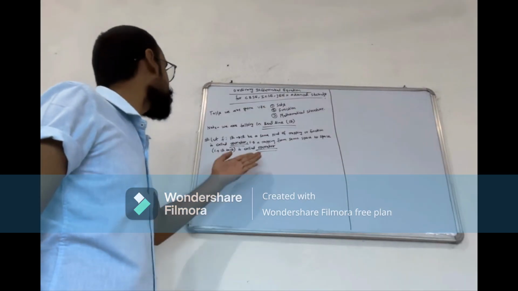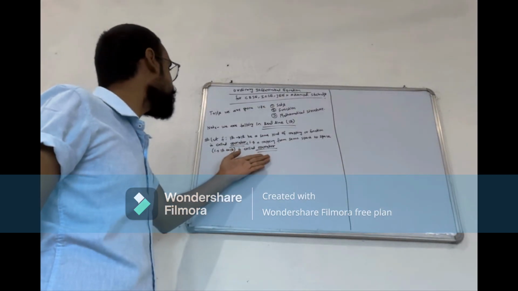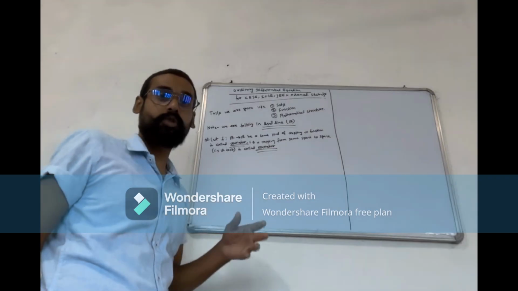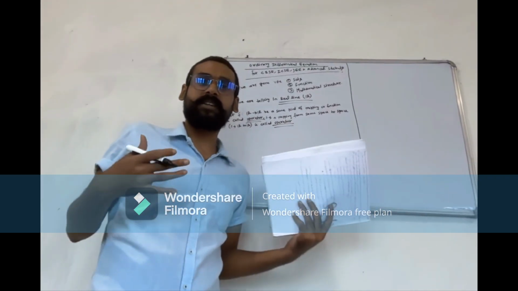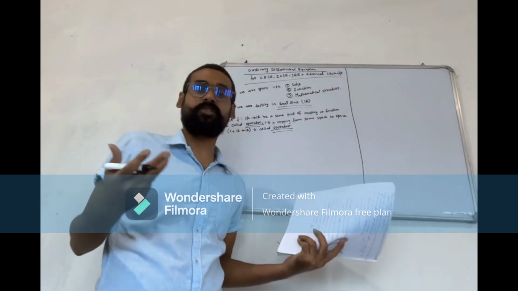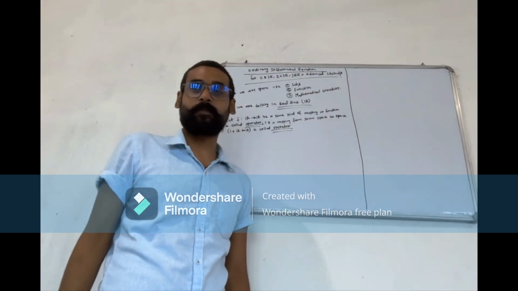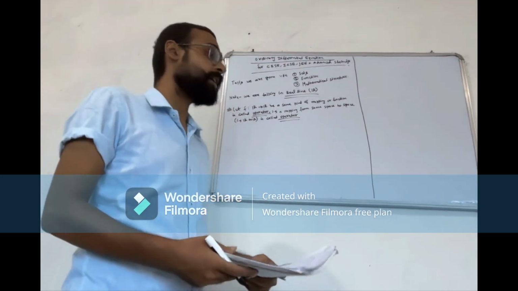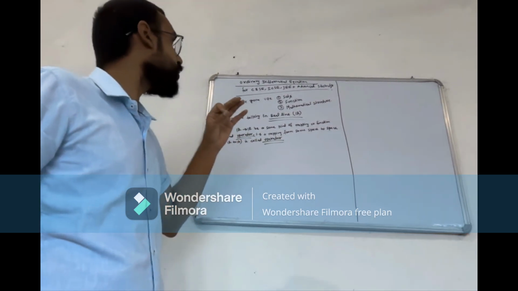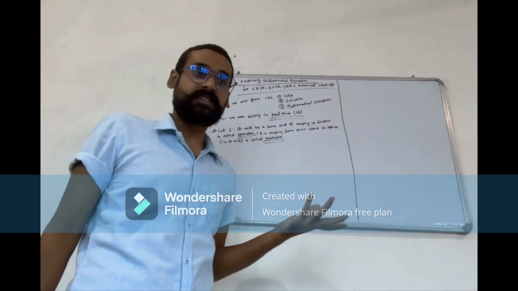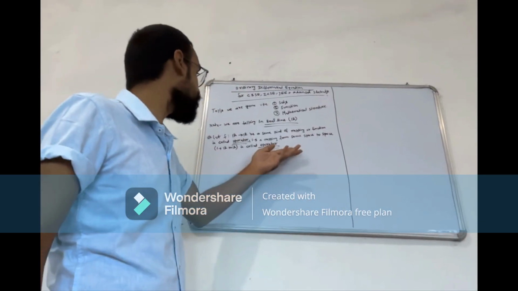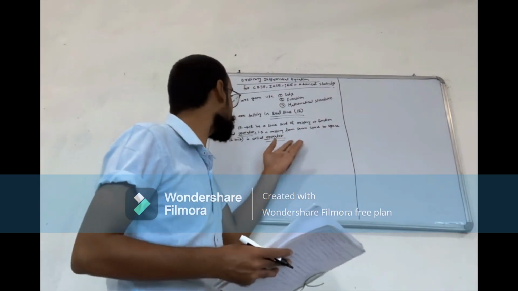I'll tell you, this definition is most popular. Based on this definition, we are going to find different types of ODE and also the structure of the differential equation. Most of the questions in JEE Main and JEE Advanced are asked based on this definition. So this is the most important.